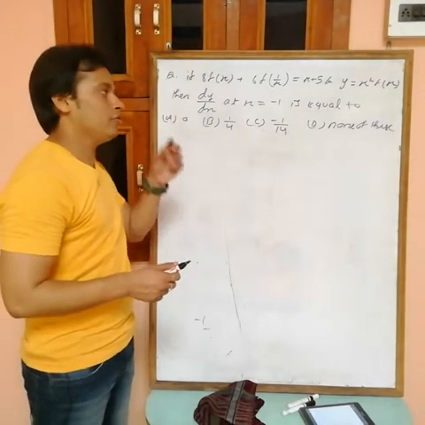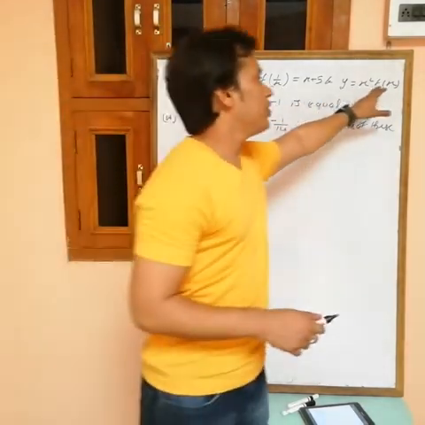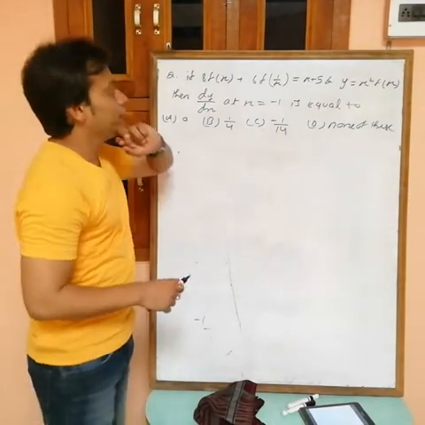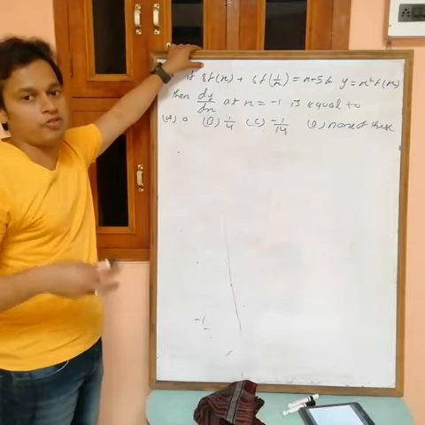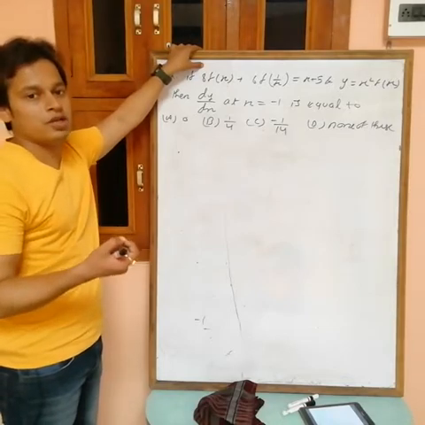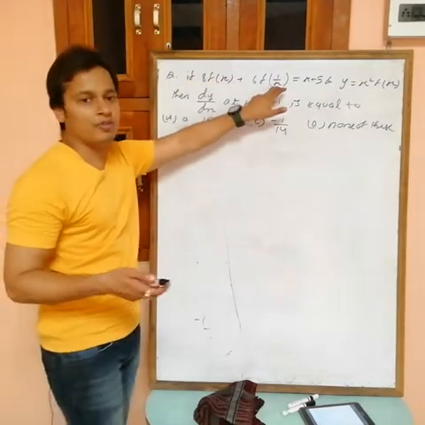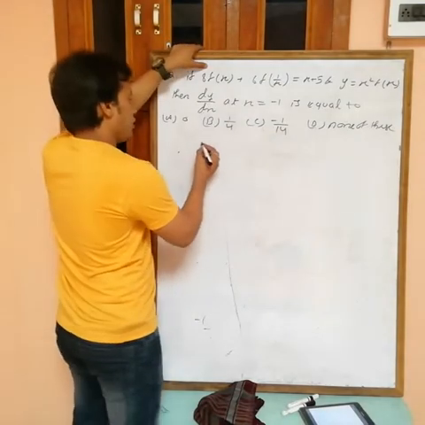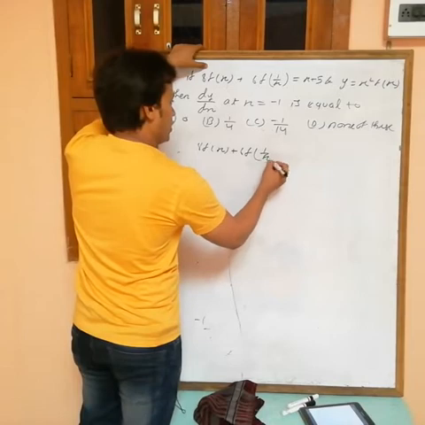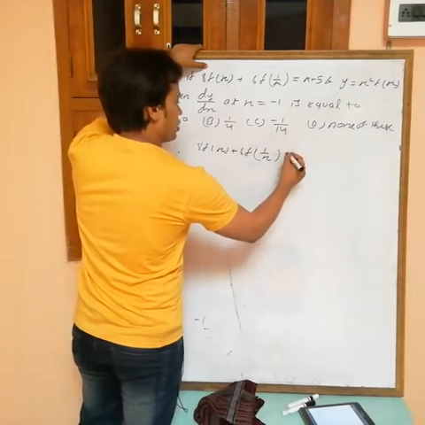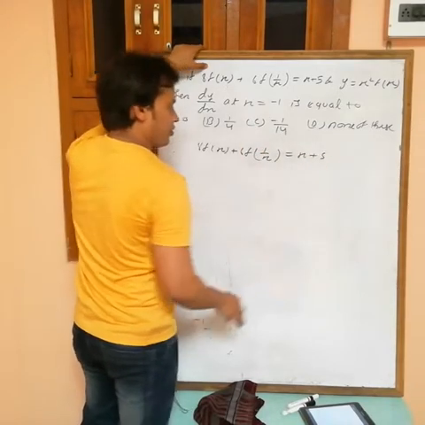Now you have two options. First you want the value of f(x). Now how to get the value of f(x) from these types of equations? If the equation is given in terms of f(x) and f(1/x), and here we have 8f(x) plus 6f(1/x) equals x plus 5.